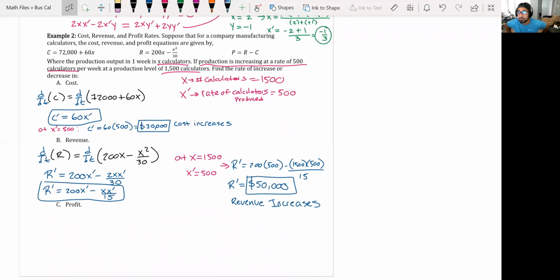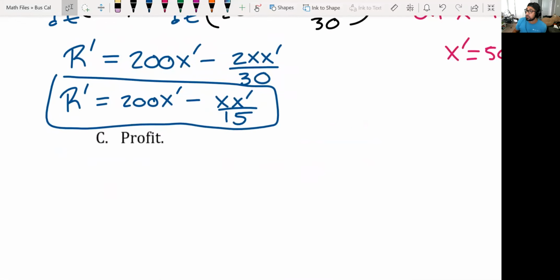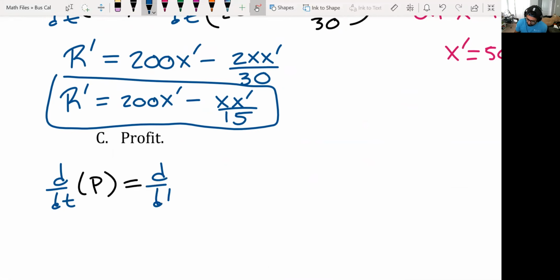And now the last one is profit. And we're going to take the derivative of the profit function with respect to time. So there's a nice little shortcut to this. We say d over dt of p equal to d over dt of revenue minus cost.